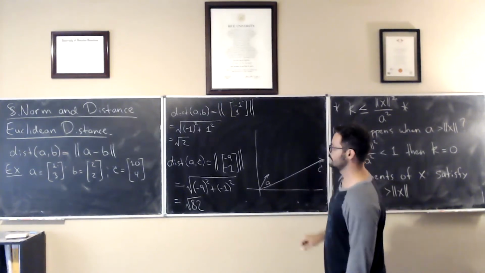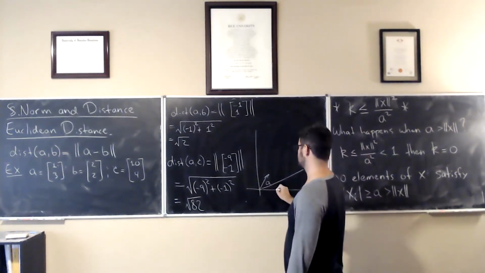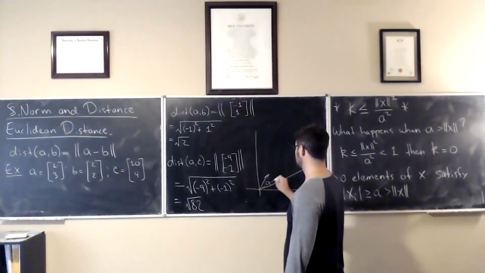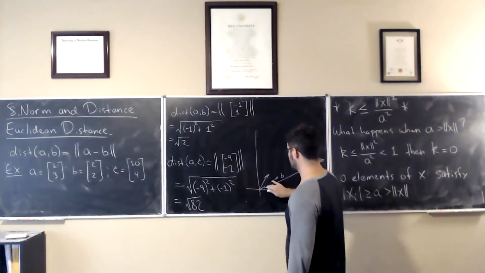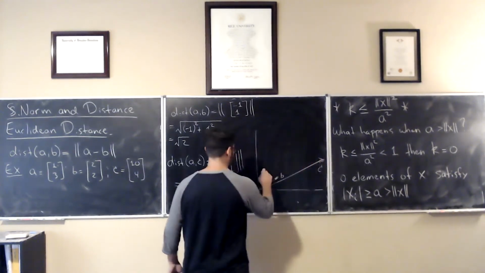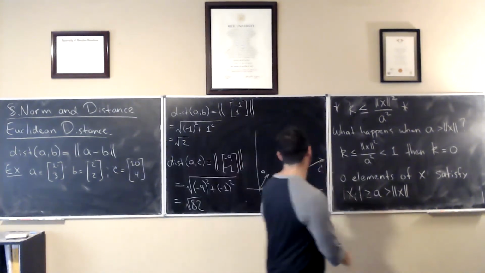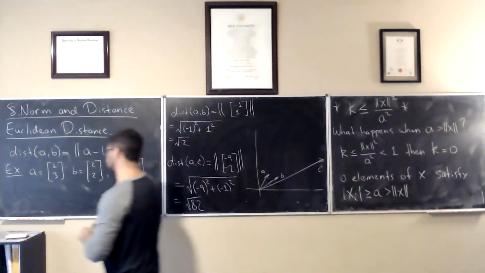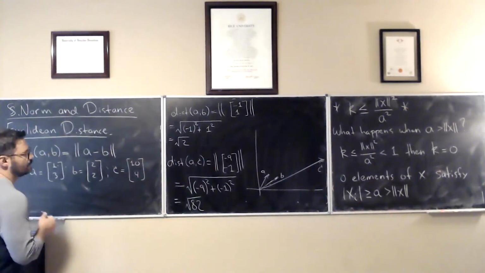And B would be (2, 2). A, B, C: you see that A and B are closer than A and C are.